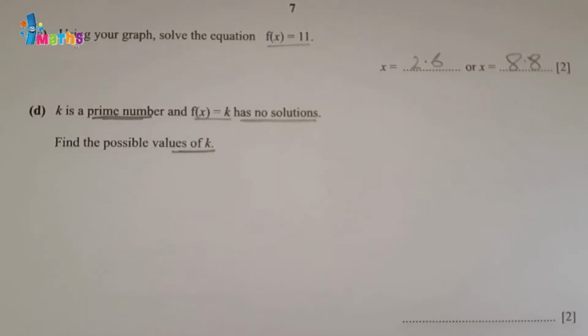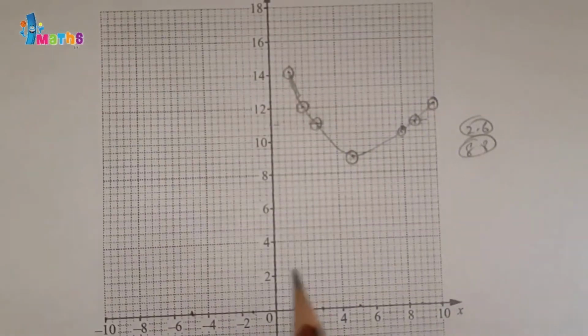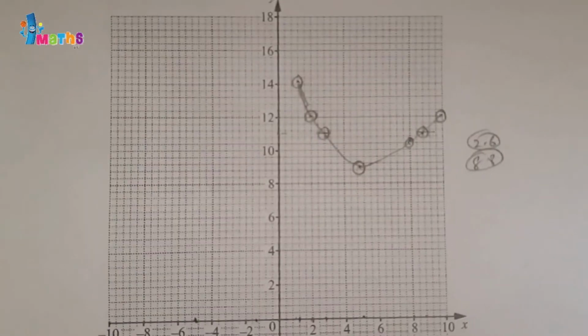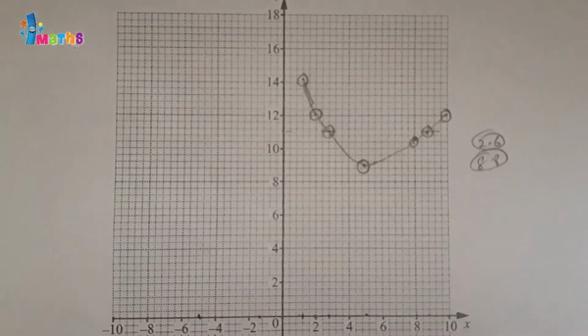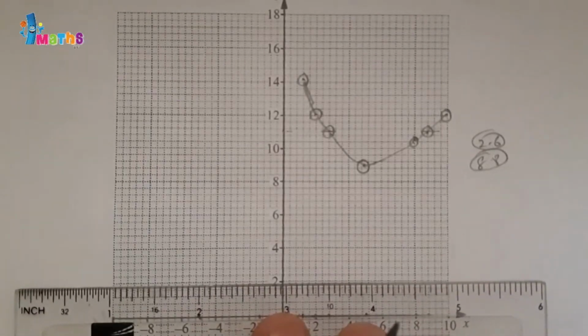So from the graph we will check what are those positive values where there is no line intersecting. For example, if we draw a line y is equal to 2 over here, this will not be intersecting the graph.